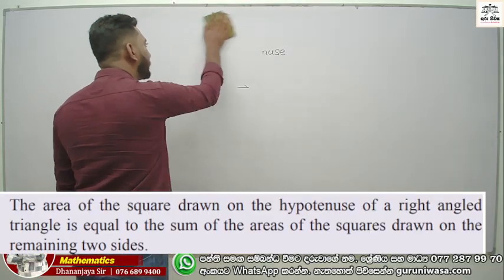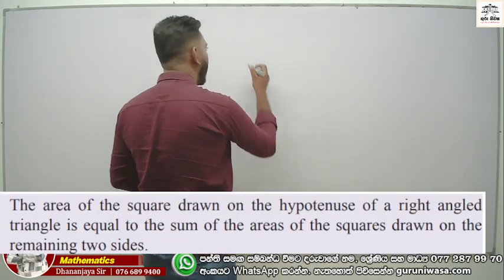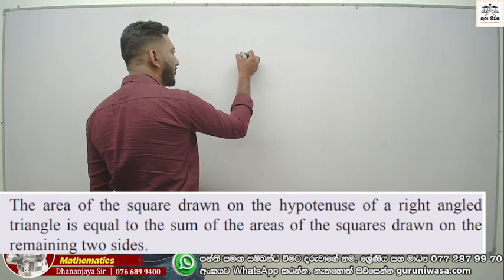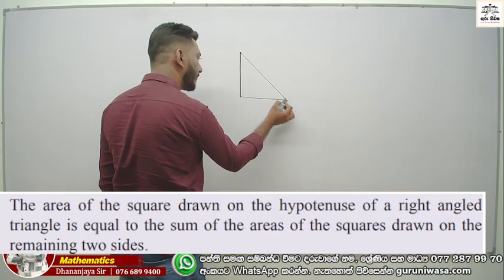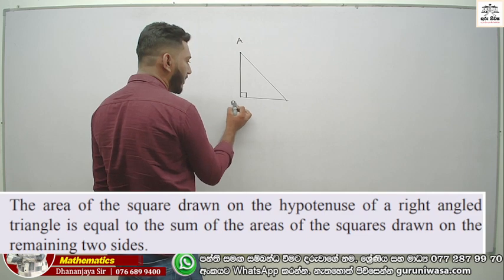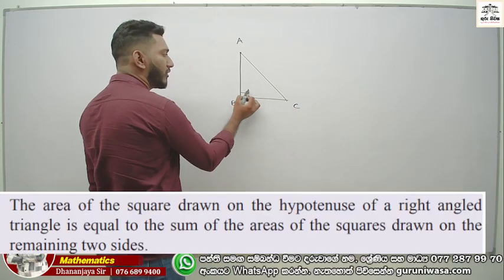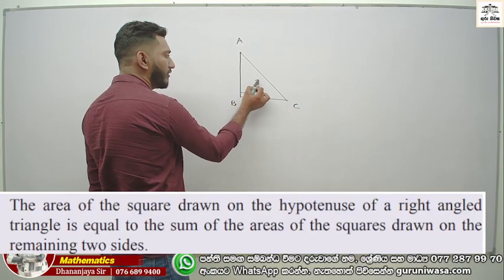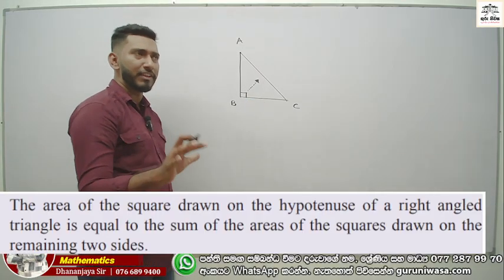Now look at this. I'm going to draw an ABC right angle triangle, like this. This one's A, this one's B, and this one's C. Now listen. You know the opposite side of the right angle we call the hypotenuse. What is Pythagoras saying?